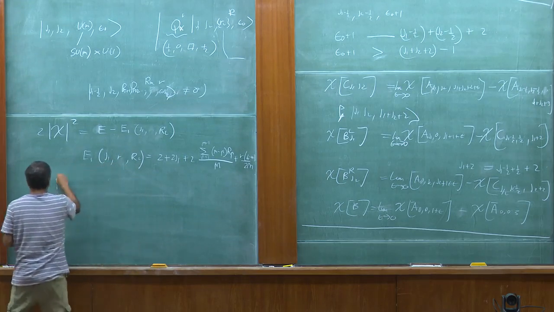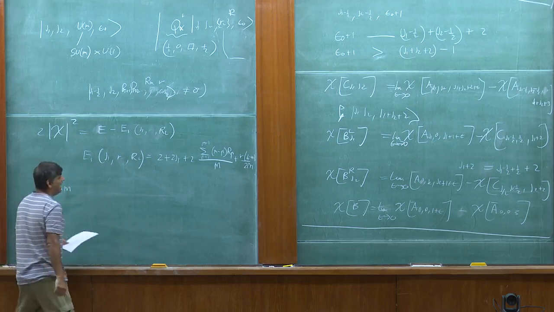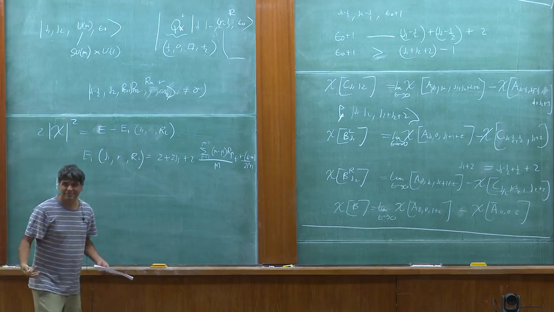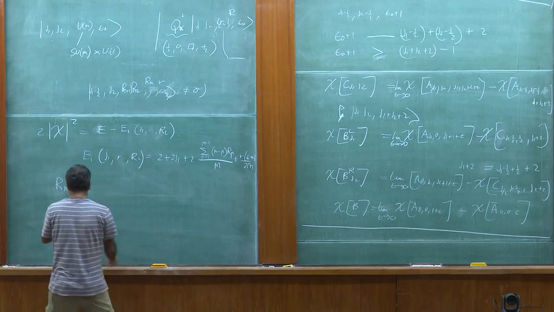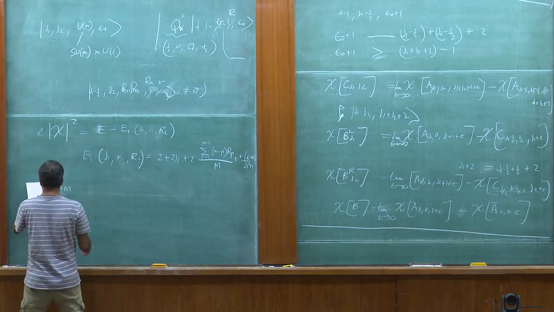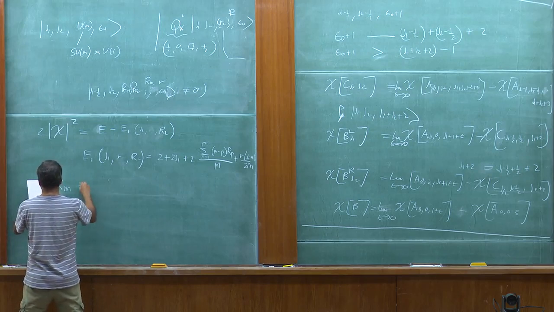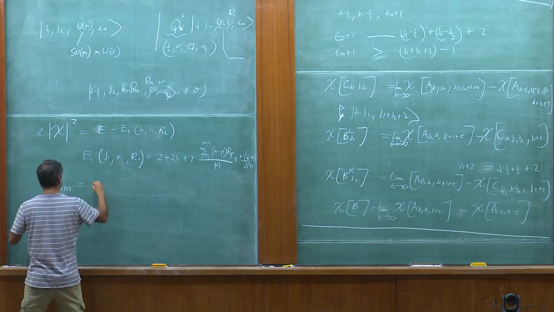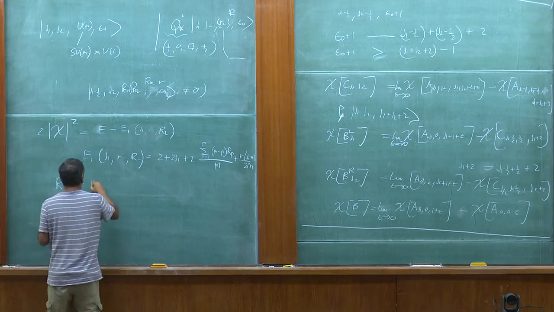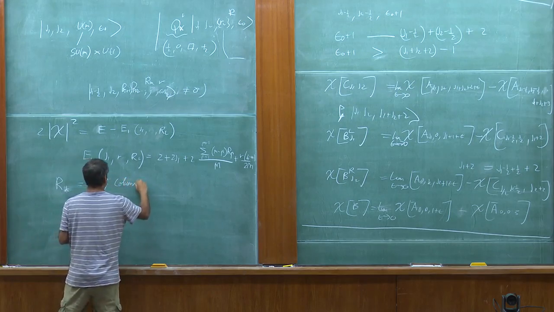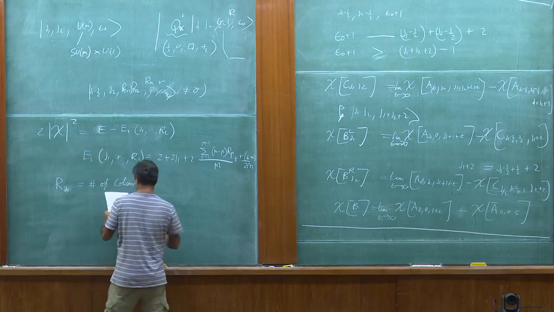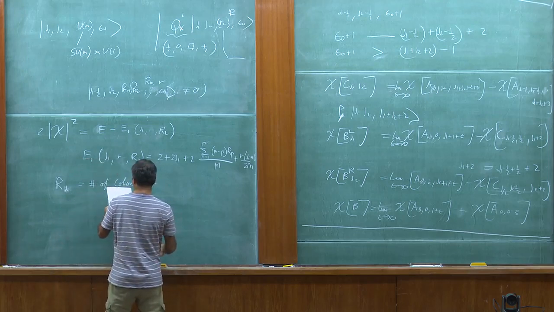But let me just tell you what these R's are. M is SUM. Our R symmetry was UM or SUM. RK is equal to the number of columns of height K in the Young tableau.